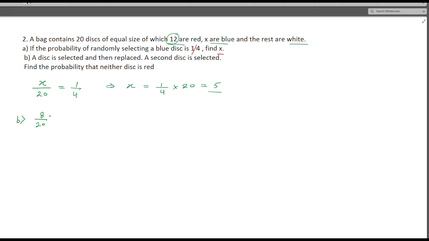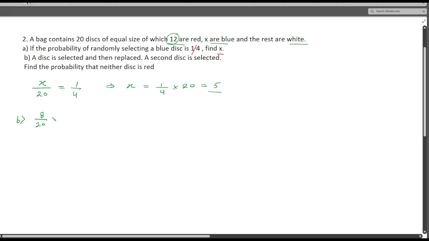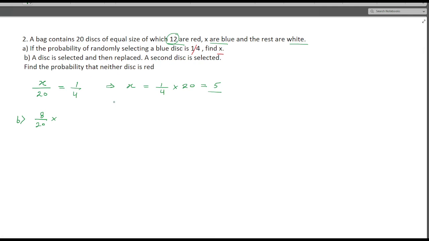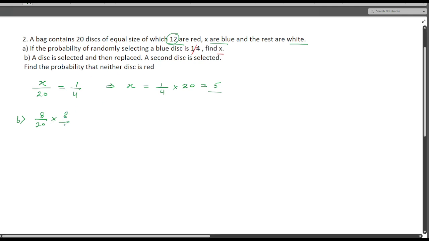Then what we are doing? Then we are replacing the disk again. So again, second time when I choose one disk, the probability that it is not going to be red will again be 8 upon 20. So 8 upon 20 is 2 divided by 5 times 2 divided by 5. So your result will be 4 divided by 25.